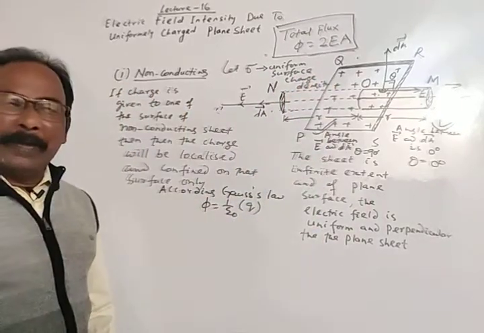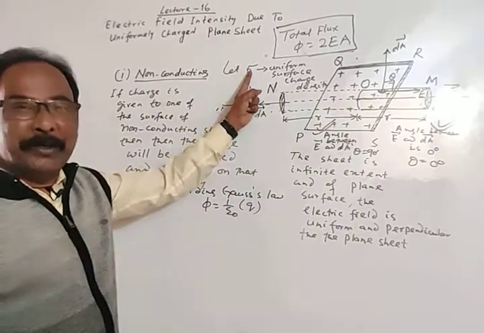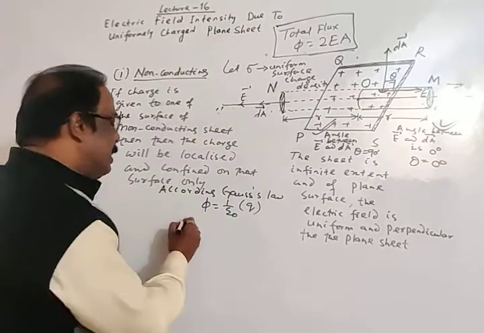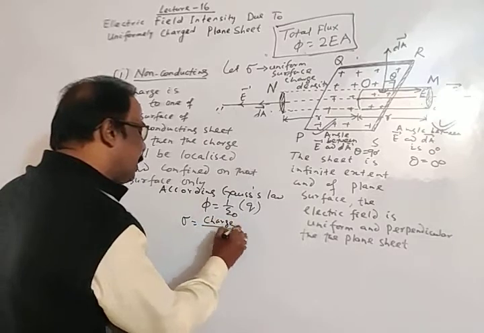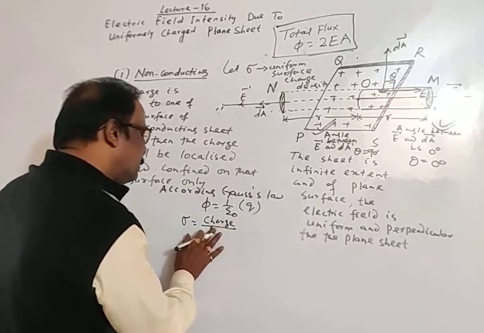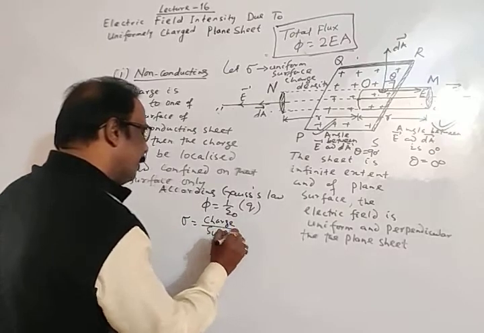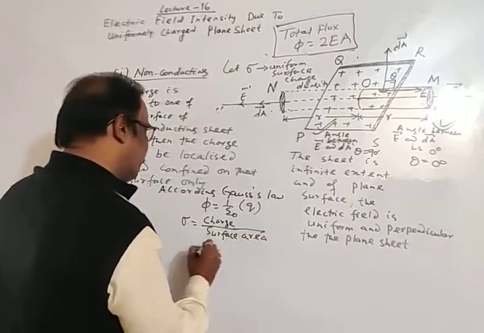Charge is given to the surface and charge is distributed uniformly. Sigma is the ratio of total charge to total surface area.